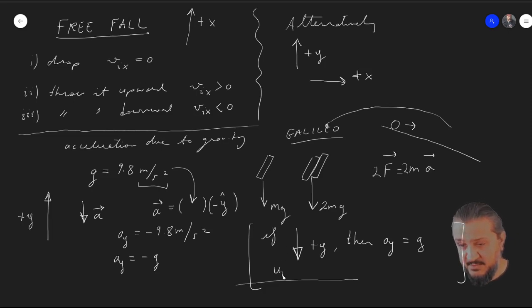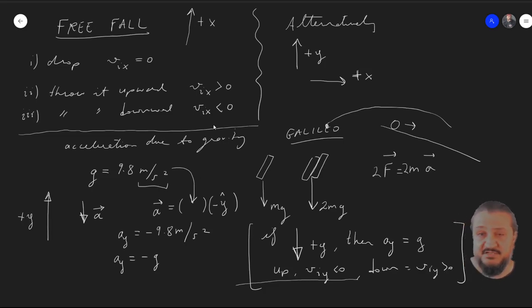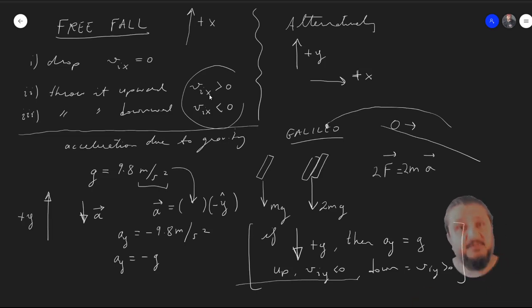So up would be VIY negative, and down would mean VIY positive, just the opposite of these two. Okay? Just telling you, I'm not trying to confuse you, but hopefully it makes sense, okay? It's up to you. I'm going to keep picking up as positive, but keep in mind, it's not the only way to do things. All right, so AY, which is negative 9.8 meters per second squared, is our constant acceleration.